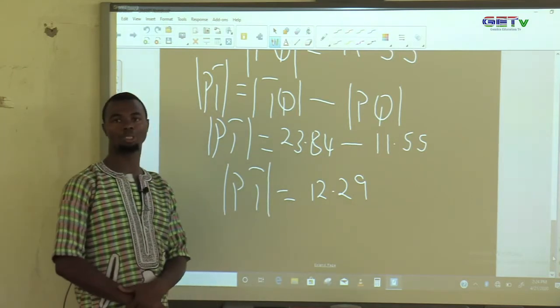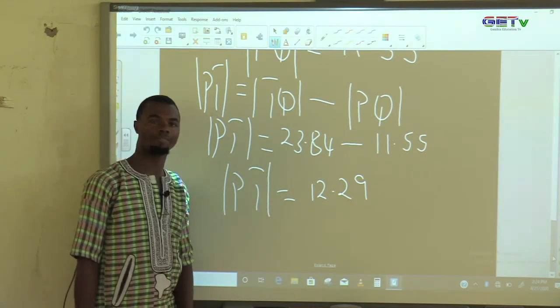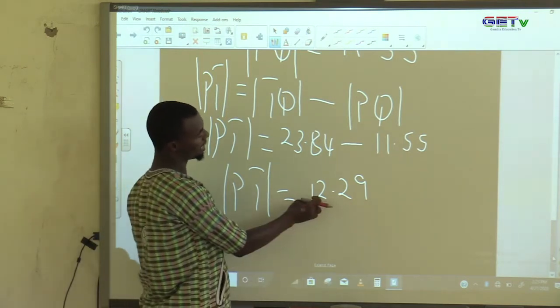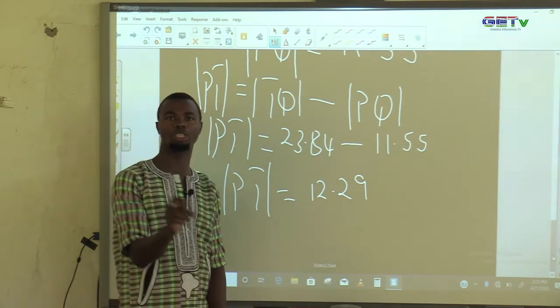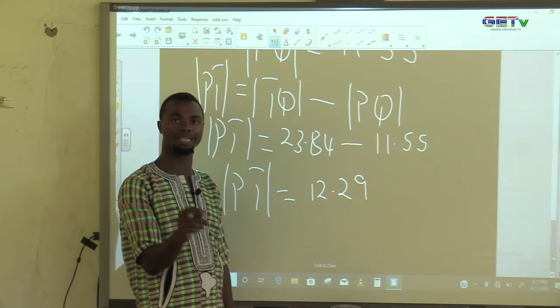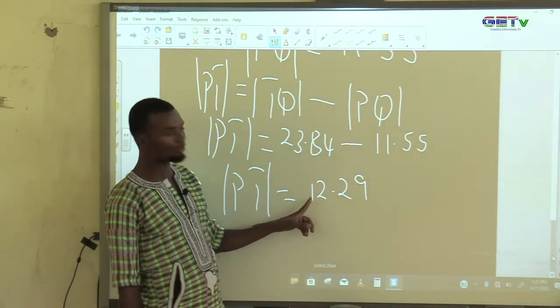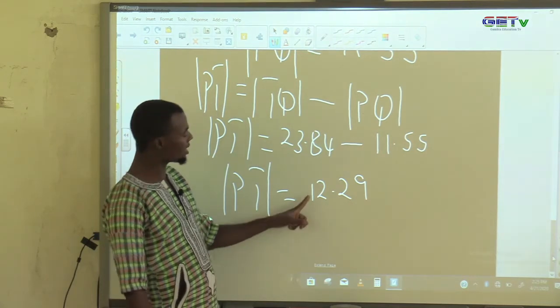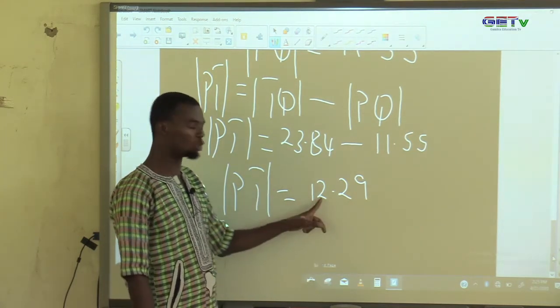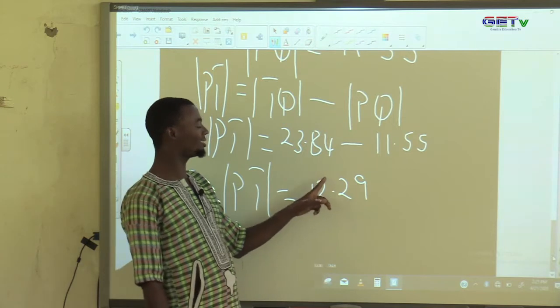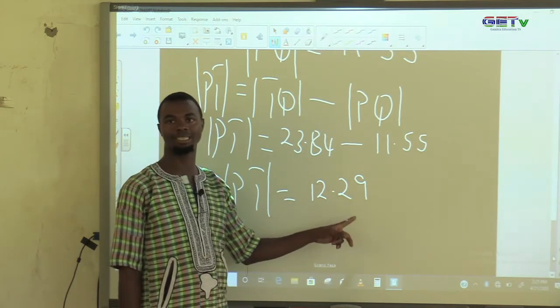Now the question asks for three significant figures. I said the first non-zero digit of the number is the first significant figure. That is where you start counting. So 1 is our first non-zero digit. We will have 1 as the first one, 2 as the second one, and the next 2 after the decimal point is the third one.